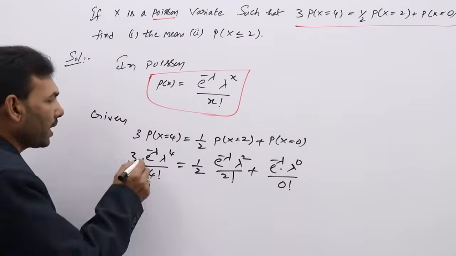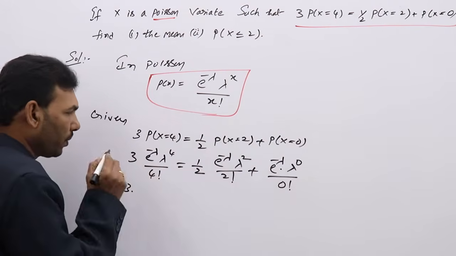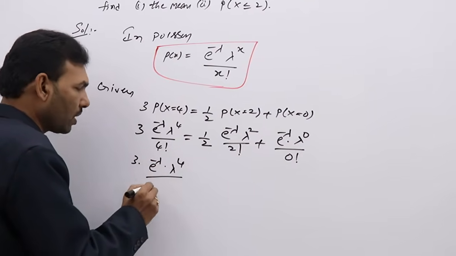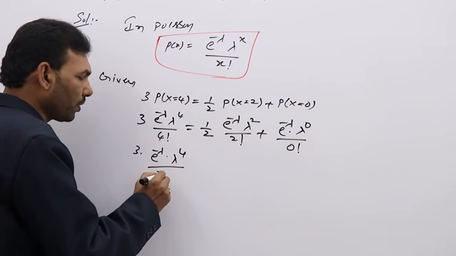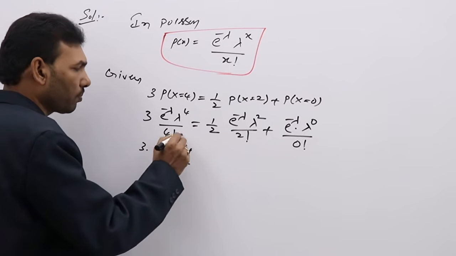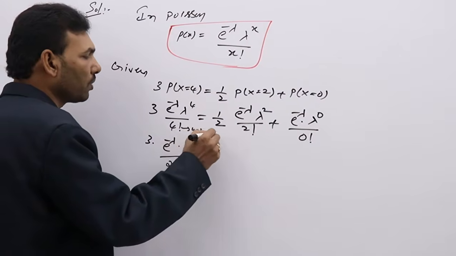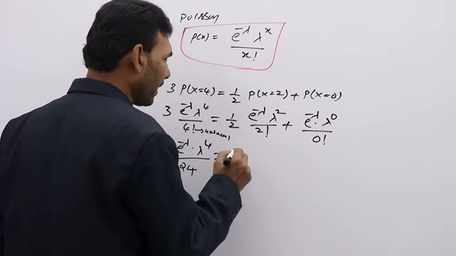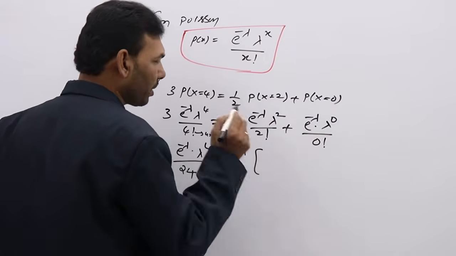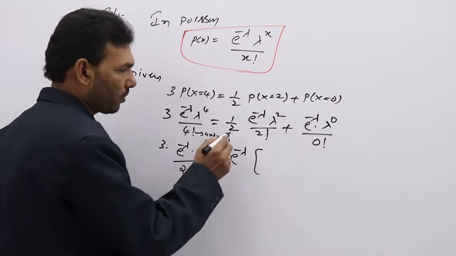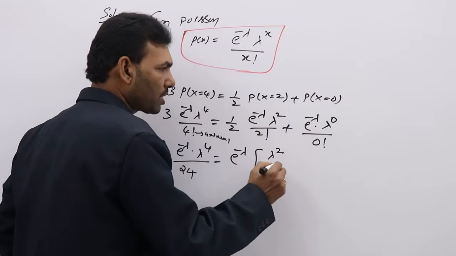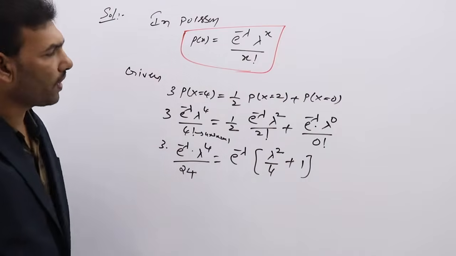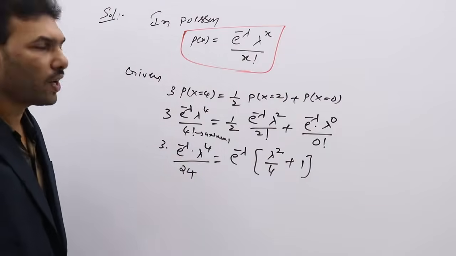See here, 3 into e power minus lambda into lambda power 4 by 4 factorial, which is 4 into 3 into 2 into 1, 24. Coming to the other side, you can take e power minus lambda common. What is left over? 2 2s are 4, lambda square by 4 plus 1. 0 factorial is 1, lambda power 0 is 1.